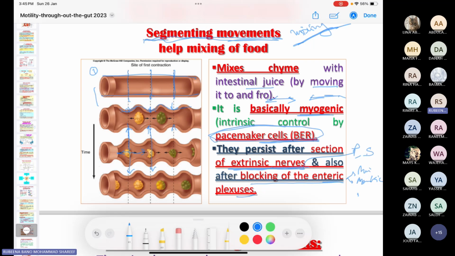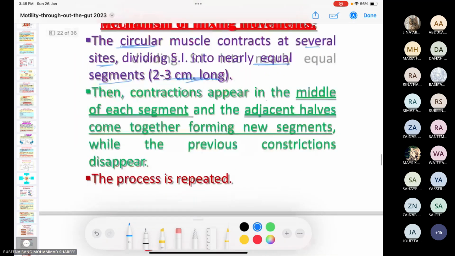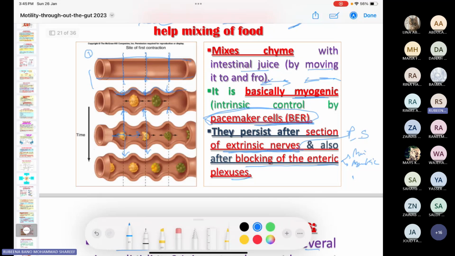The name segmenting movement is because of this mechanism that divides the small intestine into segments. The circular muscles contract at several sites, dividing the small intestine into nearly equal segments. Then contractions appear in the middle of each segment. This was the segment, and in the middle of the segment there is the second contraction.